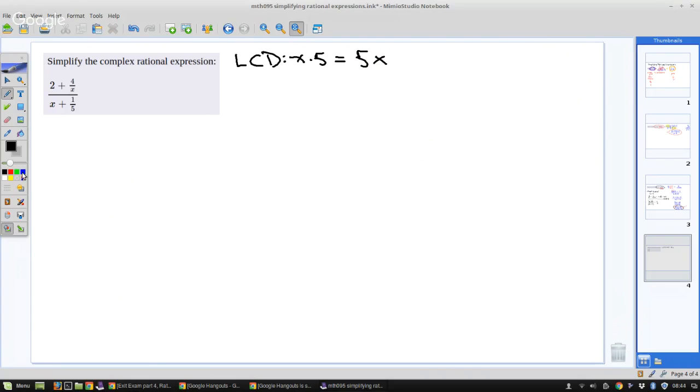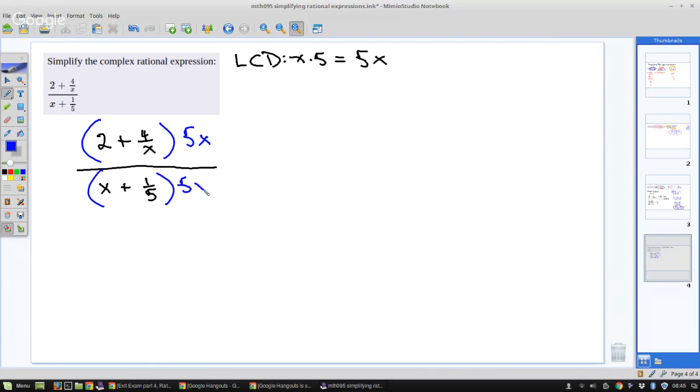Then what we do is we multiply that LCD by the top and the bottom. So that means I take my original 2 plus 4 over x, and I multiply it by 5x. Same thing in the bottom. Take my x plus 1 over 5 and multiply it by 5x.